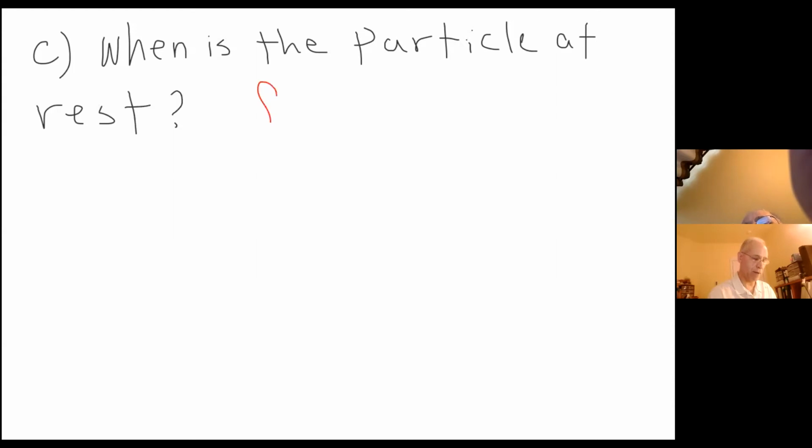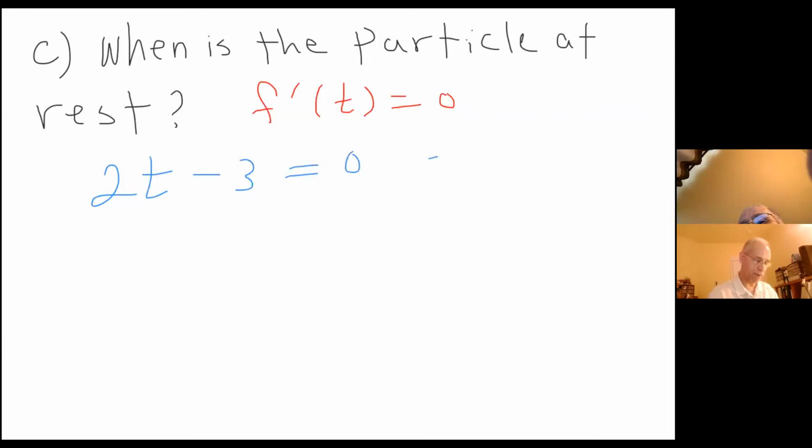So I have to set f prime of t equal to 0. But what was f prime of t? F prime of t was 2t minus 3. So 2t minus 3 equals 0. And it follows that t equals 3/2 or 1.5. So precisely at that moment, when t is 3/2 or 1.5, the particle is at rest.